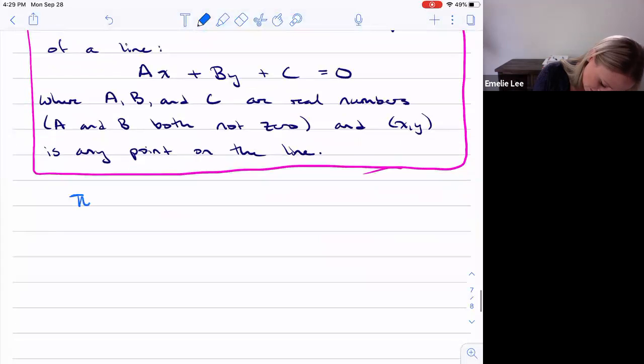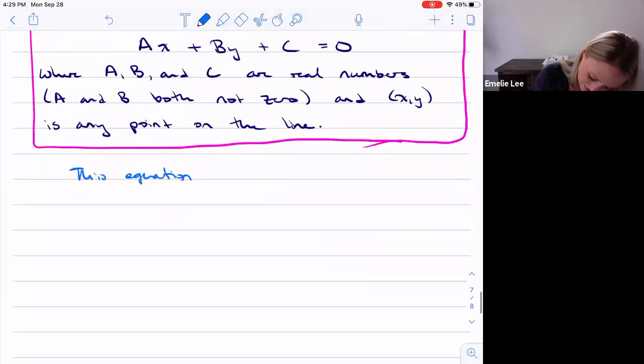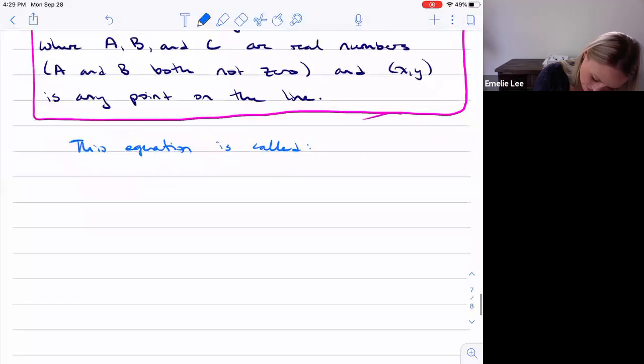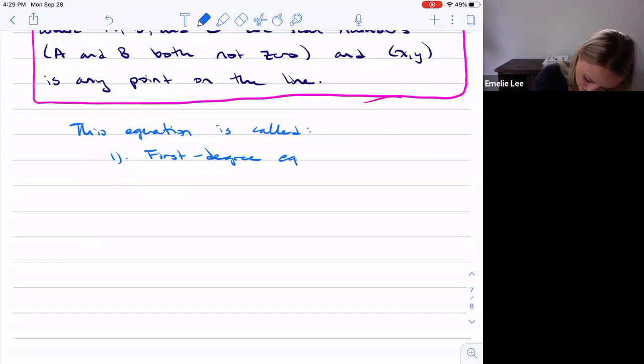So this equation is called, first we can call it a first degree, like I said, I'll never use this, first degree equation in two variables.